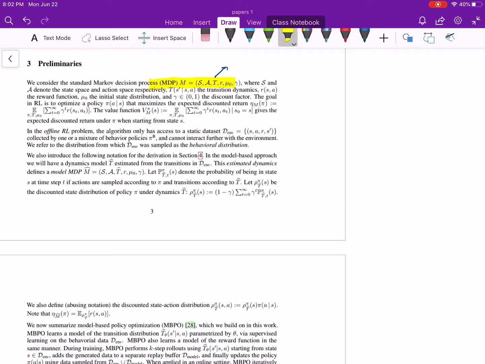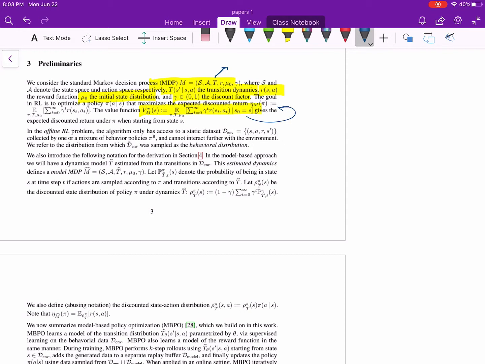So let's see. T is the transition dynamics, R is the usual reward function, mu naught is the initial state distribution, gamma is the discount factor. The value function is conditioned on this initial state, so taking an expectation over different possible starting distributions will give us eta M of pi, the expected discounted return.